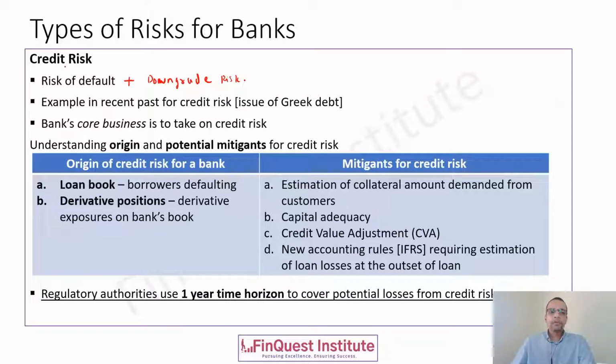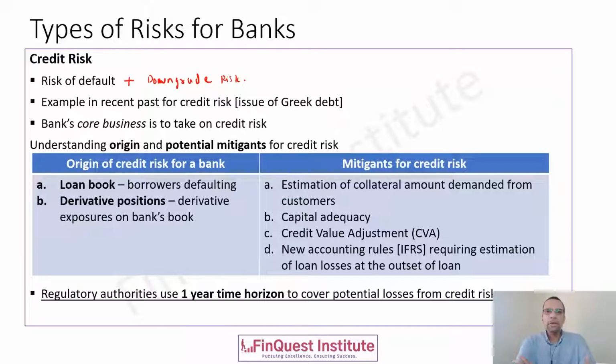One of the examples of credit risk which we observed globally was the Greek debt crisis, which happened around 2012-2013. The problem with the Greek debt was that the Greek government had raised a significant amount of debt capital by issuance of bonds, which were backed by the full faith of the Greek government.